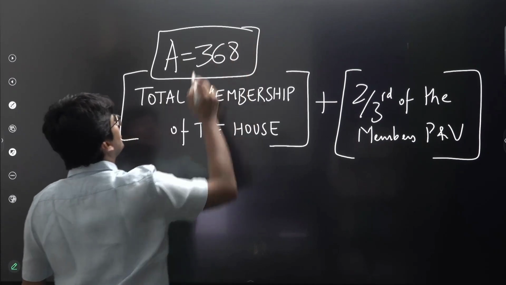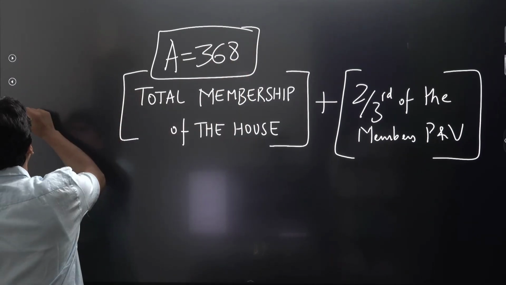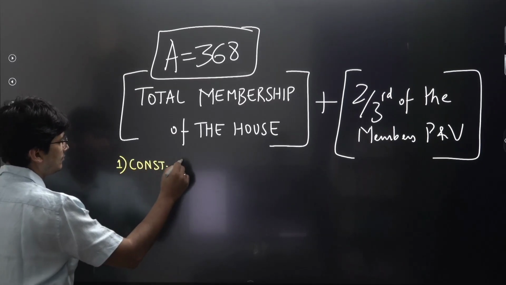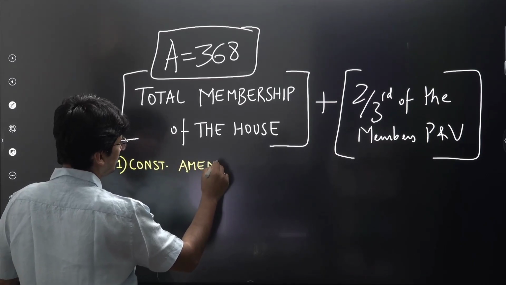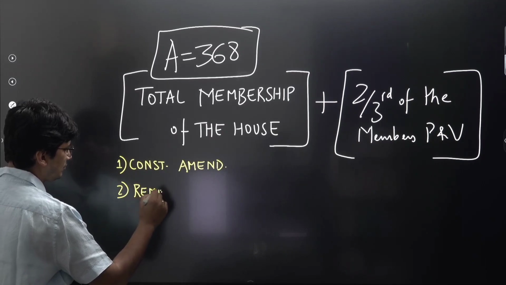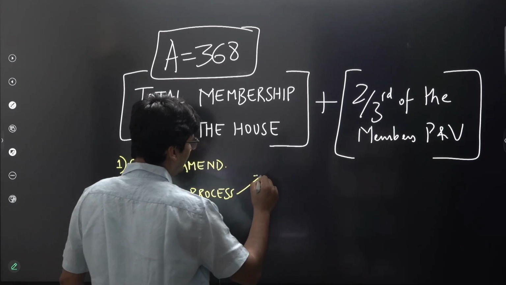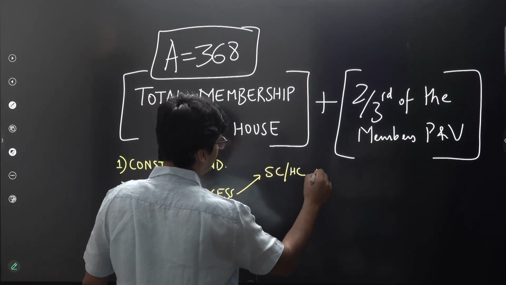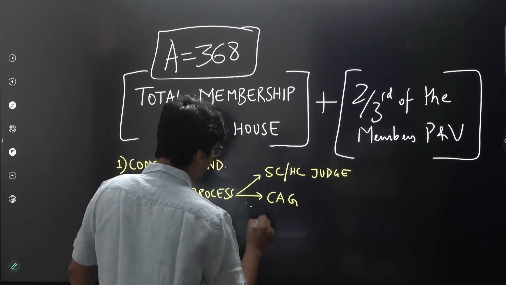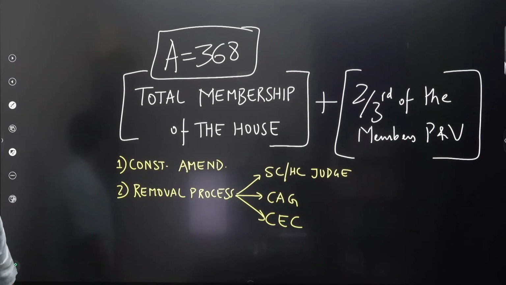This is the type of majority required to pass a normal constitutional amendment, and it is required not only for constitutional amendment but also for the removal process of a Supreme Court or High Court judge, the CAG, Comptroller and Auditor General, and the CEC. It is the same process.